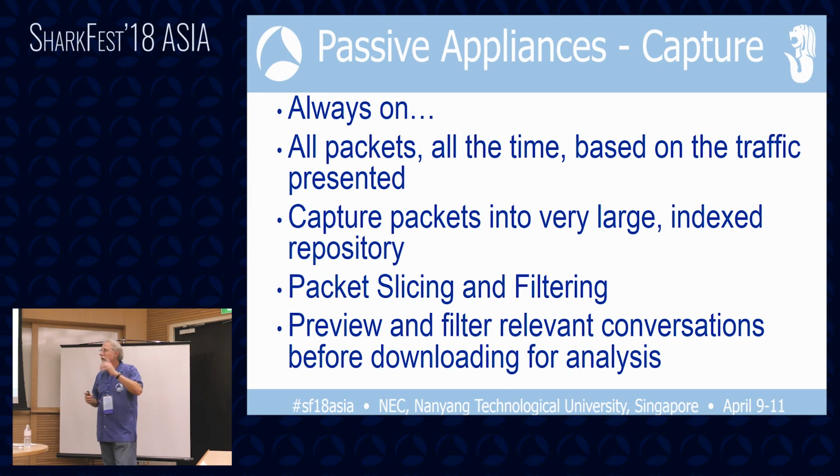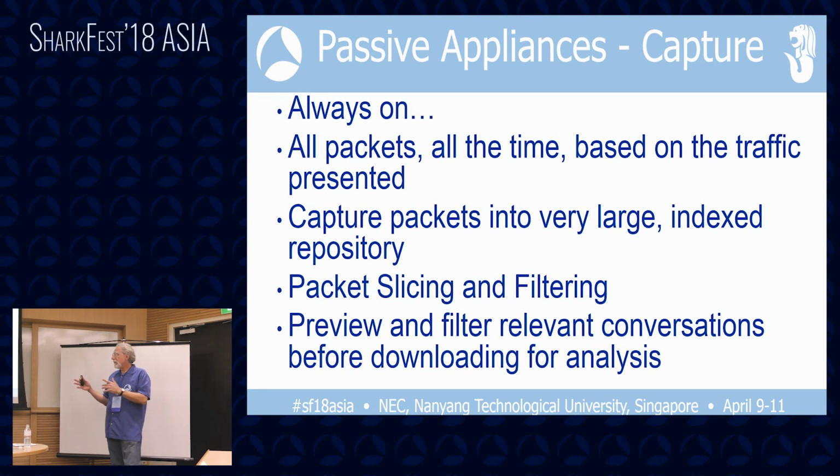So let's move on to passive appliances. They're always on, they're always capturing packets based on what you're presenting to them. They can't capture packets you don't provide to them. So you have to marry these with a span and tap strategy that's going to make sure you're getting the packets that are of most importance to you.